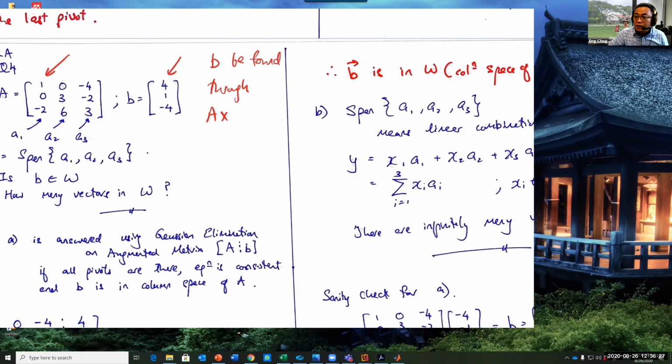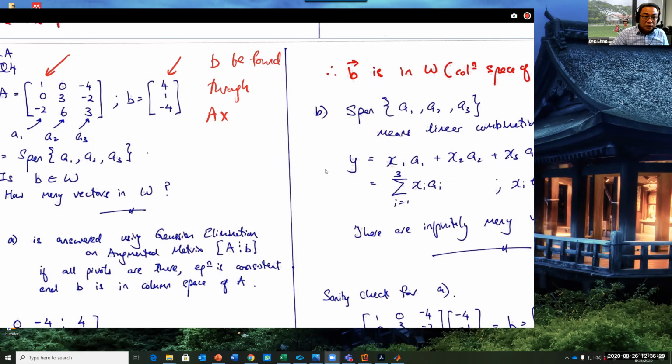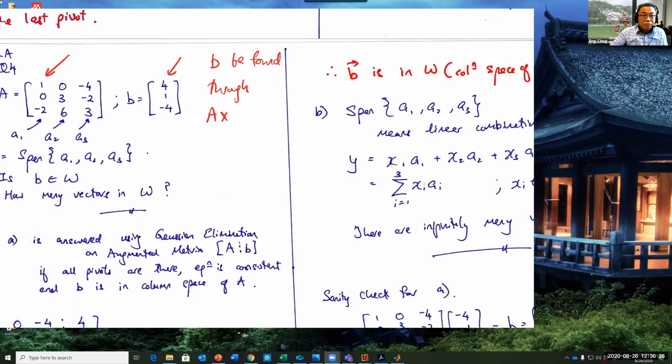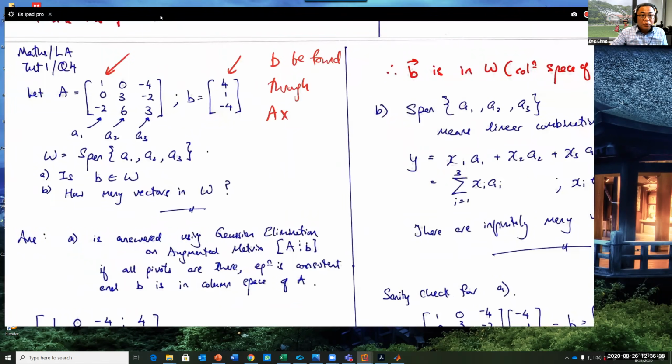Okay. All right. So the question basically says let us check whether we can solve AX equals B. But he didn't word it that way.